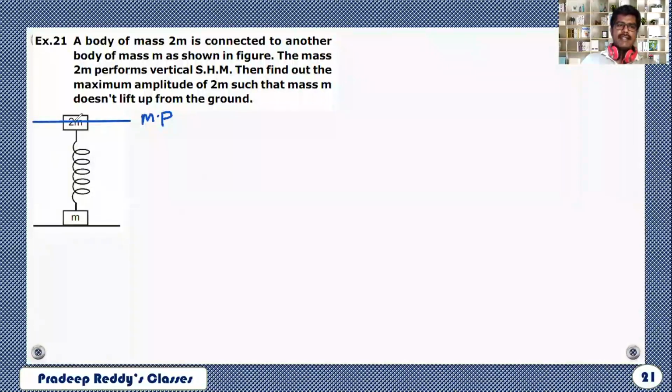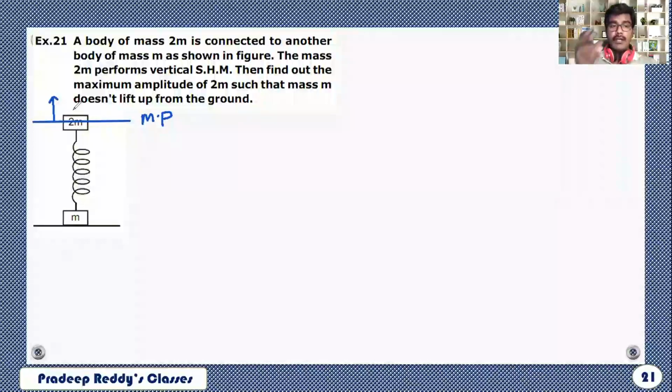If you slightly displace this 2m mass either upward or downward, then this 2m mass will execute vertical simple harmonic motion. You can lift this object by some distance, or you can press it down by some distance. Because of that, the spring will undergo either compression or expansion. Based on that, the 2m mass will be executing SHM.